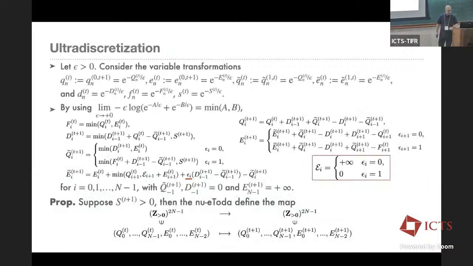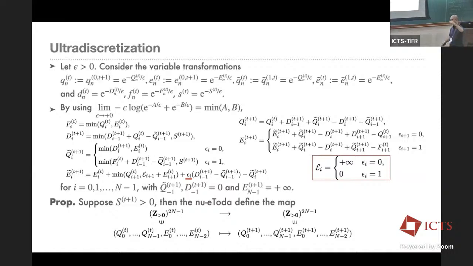Okay, now after checking the positivity of this system, we can apply the ultra-discretization limit. This is almost the same manner, and the expression is almost straightforward. The epsilon sequence can be interpreted as 0 corresponding to plus infinity, and 1 corresponding to 0.